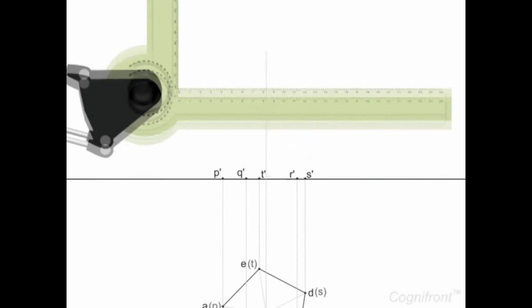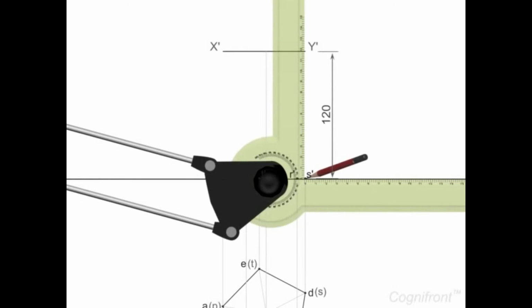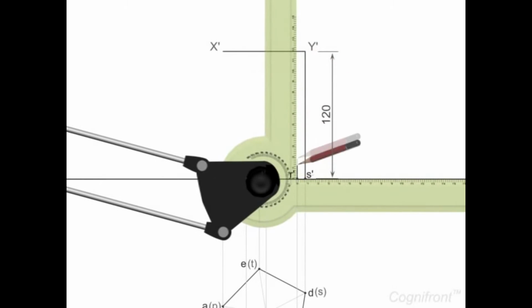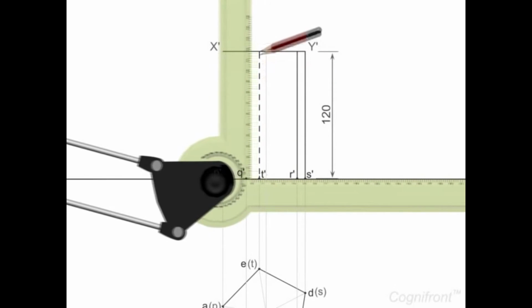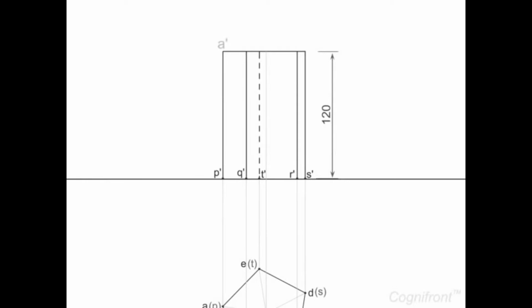Then draw line X dash Y dash parallel to XY at a distance of 120 mm. After that, project the base points vertically to intersect line X dash Y dash at points A dash, B dash, C dash, D dash and E dash.